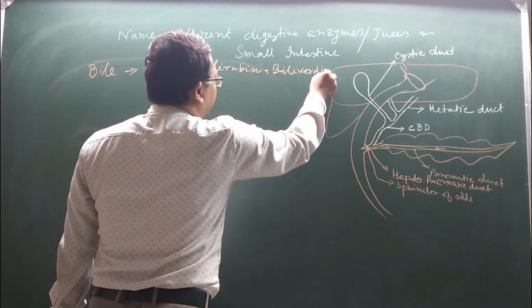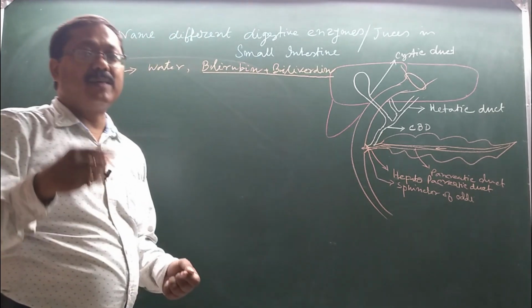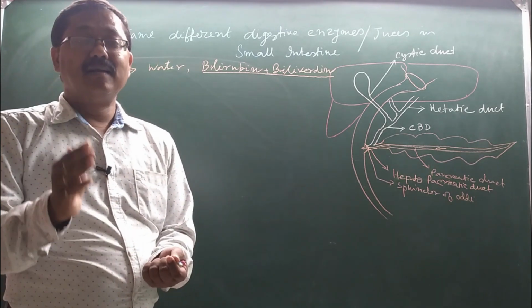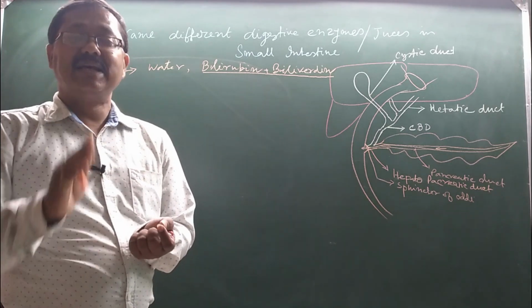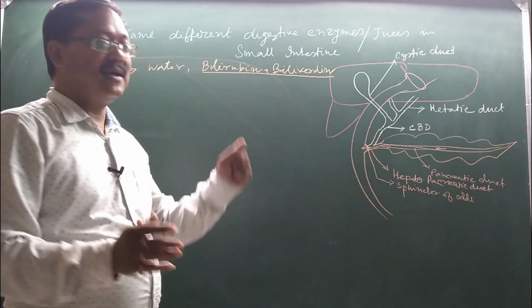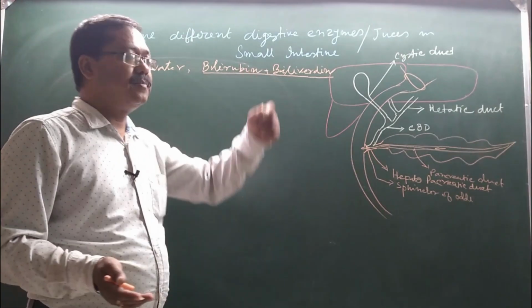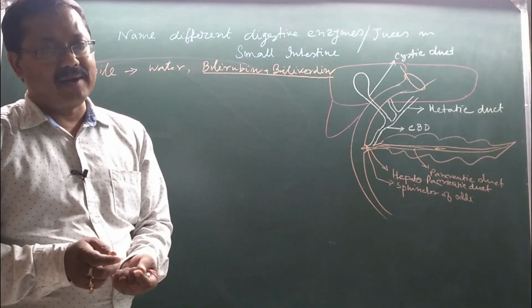What are bilirubin and biliverdin? These are degradation products of hemoglobin. When the red blood cell content is degraded in the liver, the hemoglobin is transformed into two pigments, bilirubin and biliverdin.